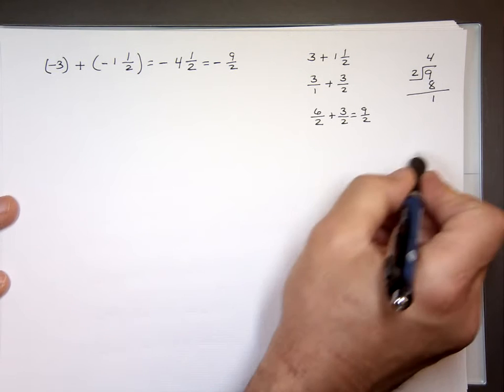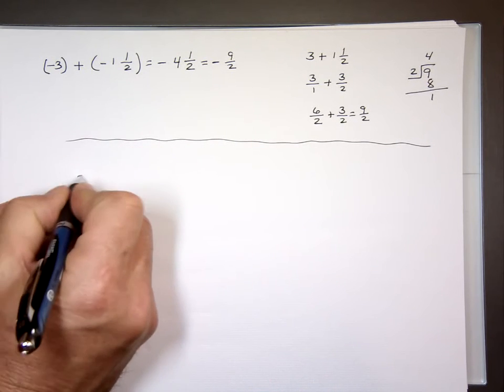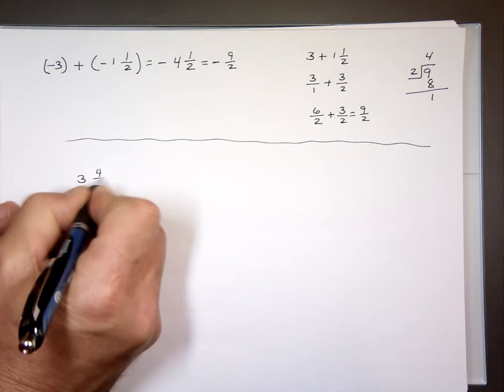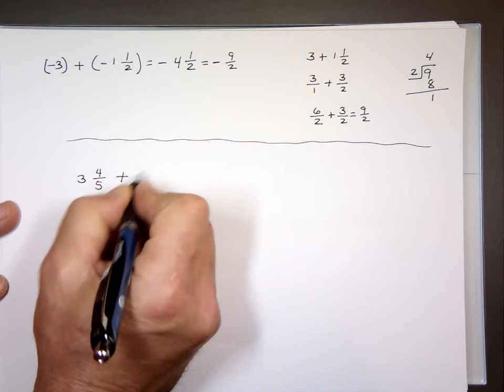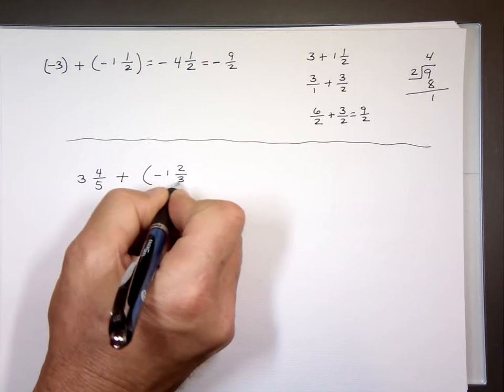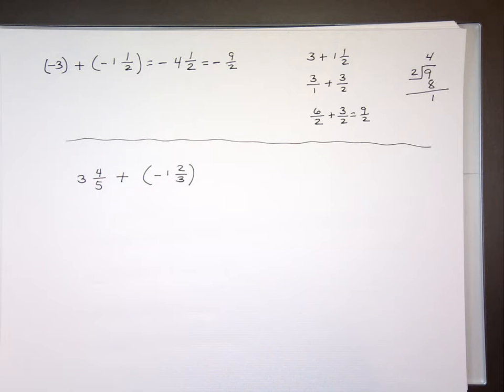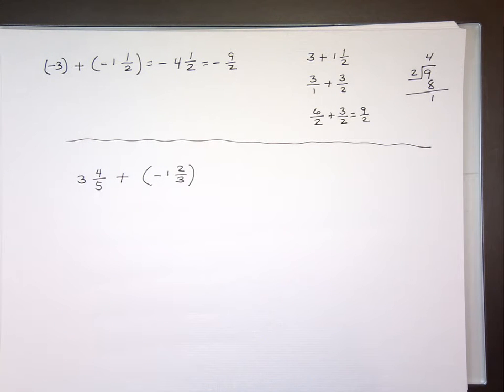Let's try another fraction. 3 and 4 over 5. I want to add to it negative 1 and 2/3. Are the two numbers the same sign or different signs? Which one do you think is bigger?